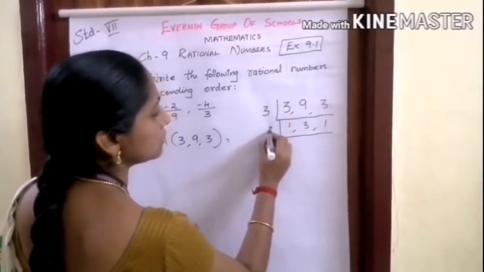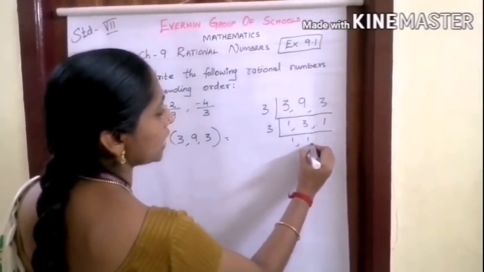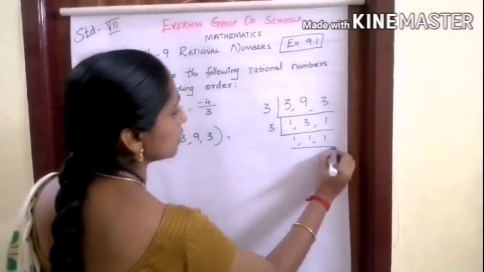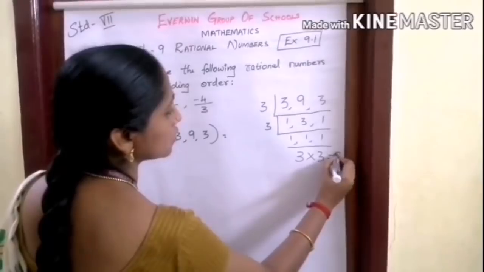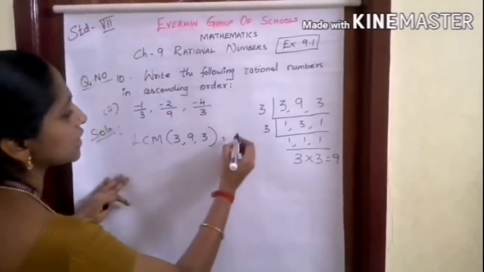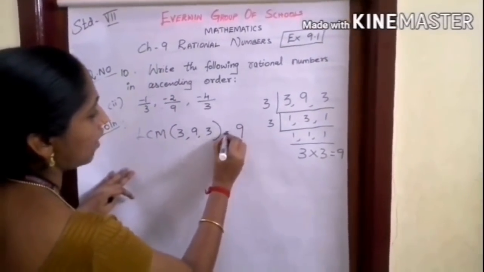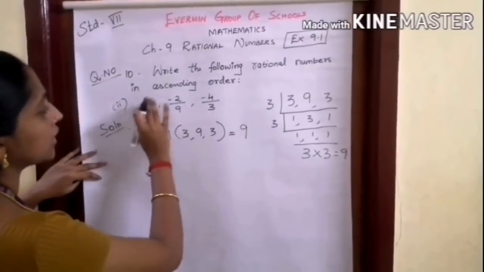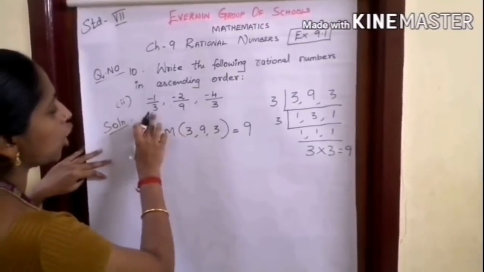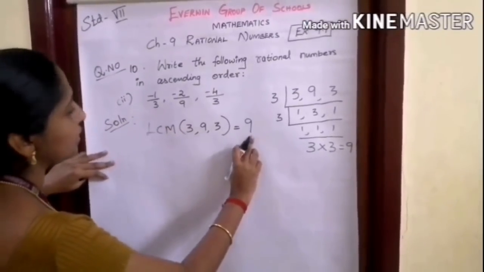Again by 3 table, 1, 1, 1 as such. Now 3 into 3, 9. So the LCM is 9. After taking the LCM, we are going to convert the denominator into the LCM 9.